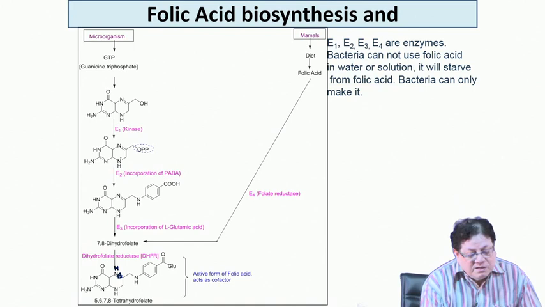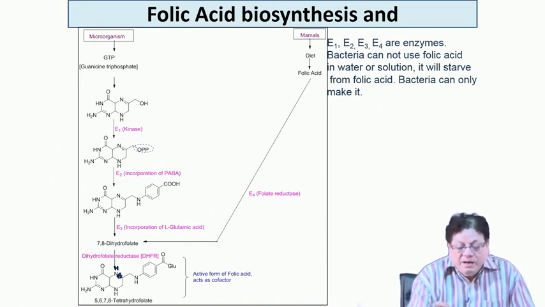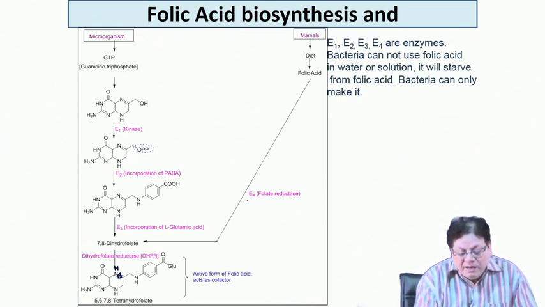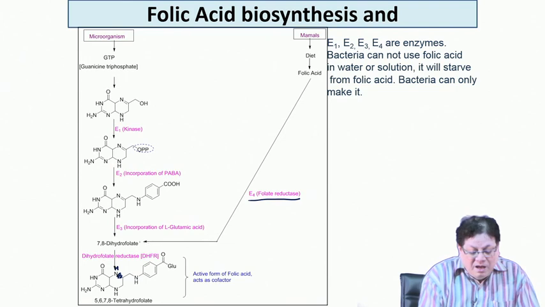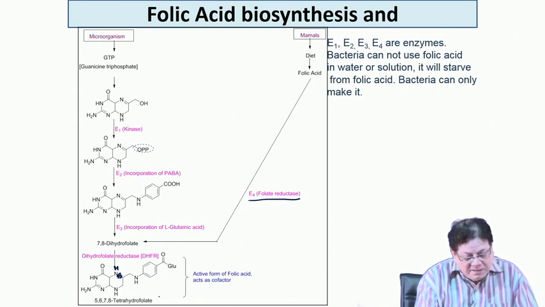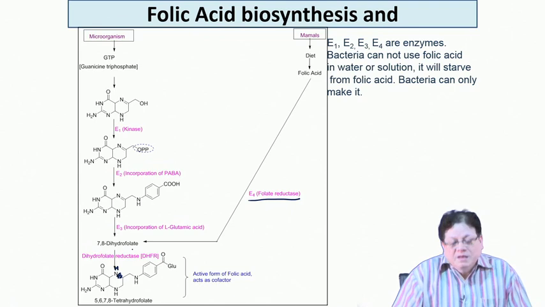Remember, folic acid has a fully unsaturated pyridine nucleus, and this folic acid has to be reduced to 7,8-dihydrofolate by an enzyme called folate reductase, followed by a similar enzyme, dihydrofolate reductase, to go to the 5,6,7,8-tetrahydrofolate.